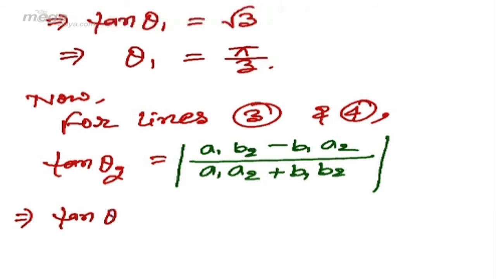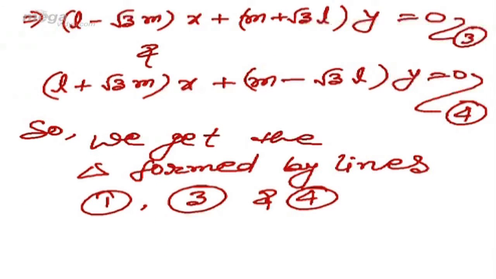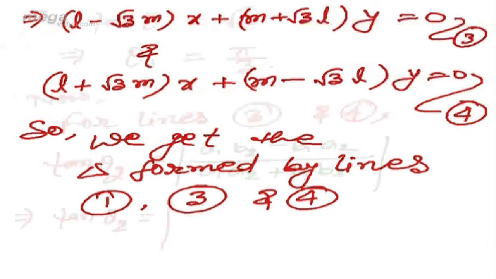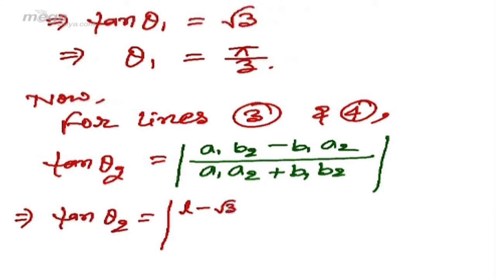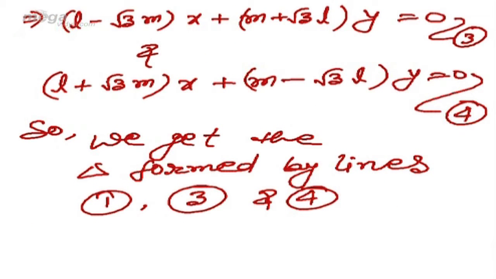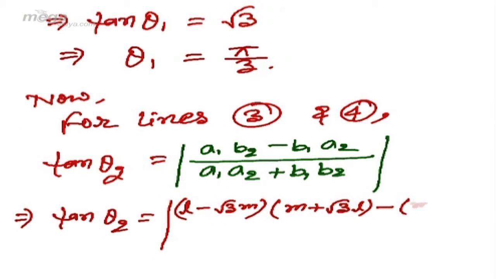But for the line 3 and 4, A1 is, for the 3, the A1 is L minus root 3 M. L minus root 3 M into M plus root 3 L minus B1 A2. So it will be M plus root 3 L.